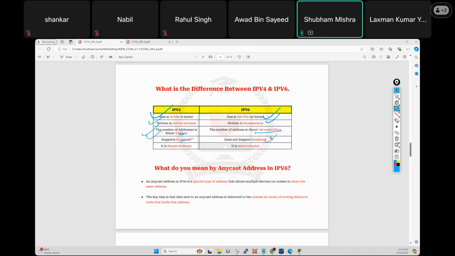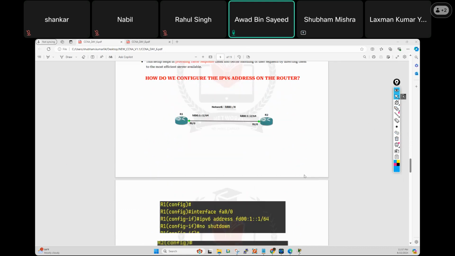IPv6 does not support broadcast. IPv4 is simple and handy to use, but IPv6 is more complex. Understand, everyone? So this is the difference between IPv4 and IPv6.